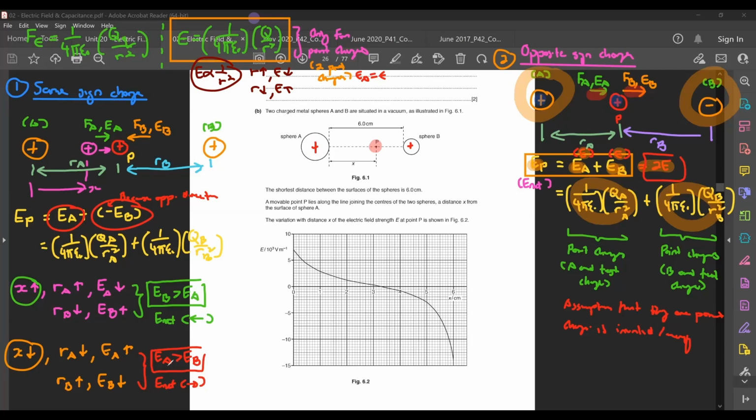There will be a point in between where EA is equals to EB. So you consider these two facts here. Somewhere in between these two, EA will be equals to EB, so that ENet is equals to 0. Okay, so let's just say for our discussion here, we say that point is right over here.